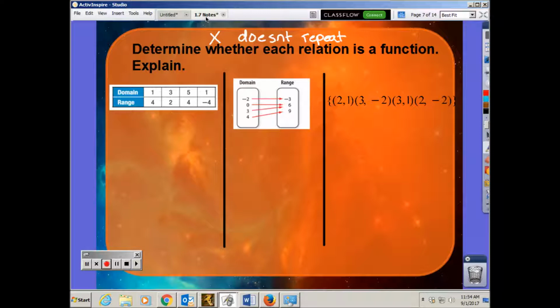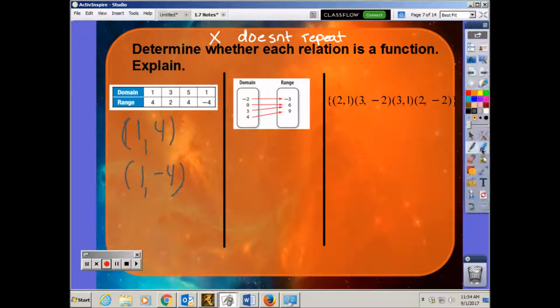So, x doesn't repeat. Look at this first example here. Domain is my x values, correct? Do I have a repeating x value? Well, my x value, that's 1, 4, and 1, -4. It's hard to see that.